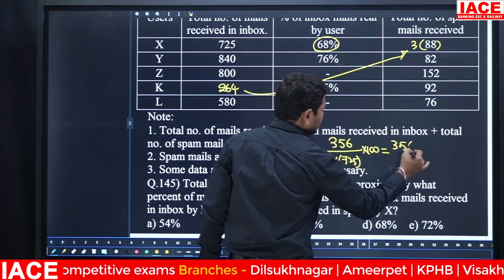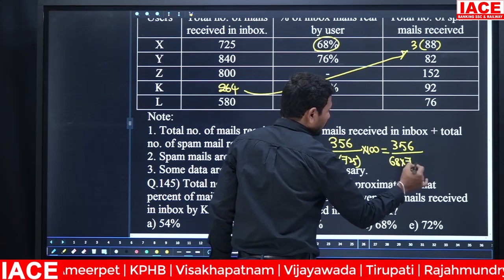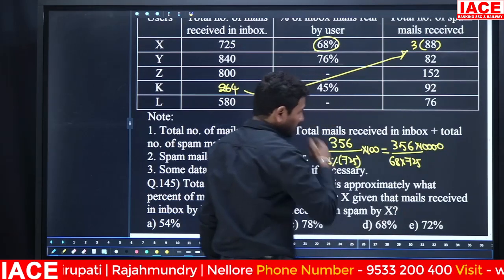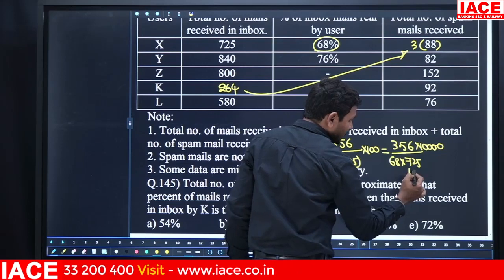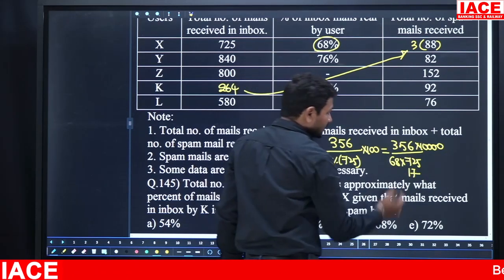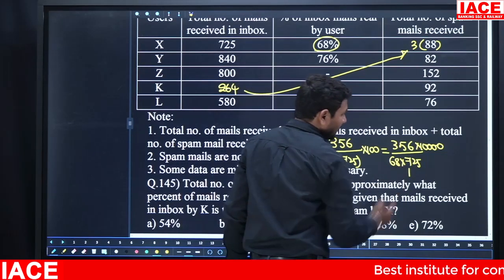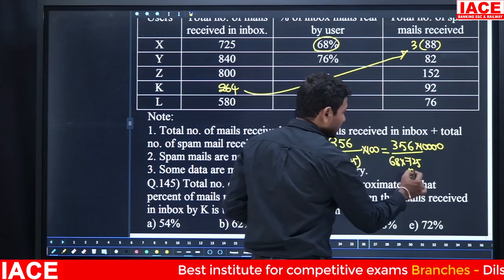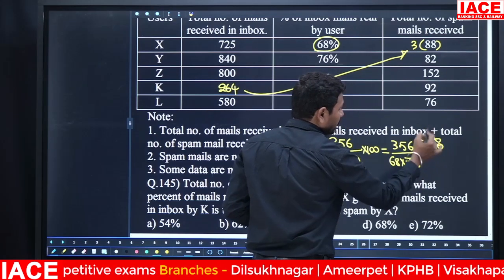Here 356 by 68 into 725 into here 10,000. Cancel the values. 25 1s are 25, remaining is 225, 25 8s are 200, 25 9s are 225, and 25 4s are 100, and 4 into 100 is 400.